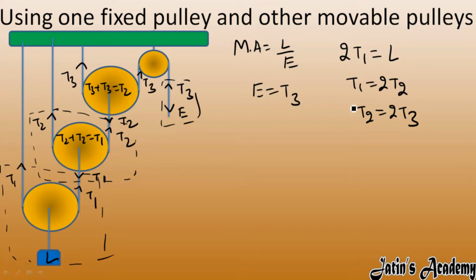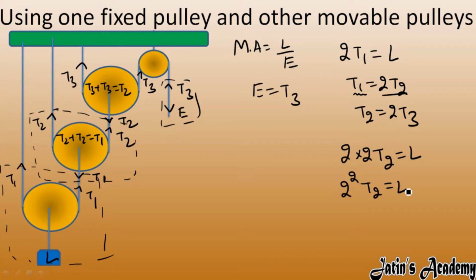Now we have to make a relation. Now put the values. Here the T1 value is 2 times T2, so I am substituting T1 as 2 times T2. But we want the relation in T3. Why? Because effort is in T3. So here this becomes 2 into 2, 2 square, not 4, 2 square we will write here.